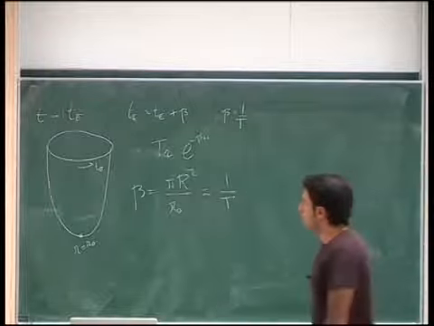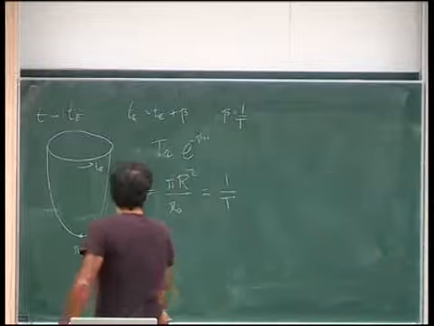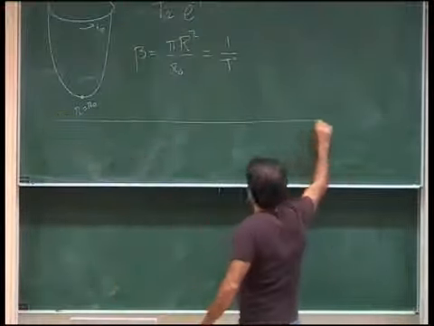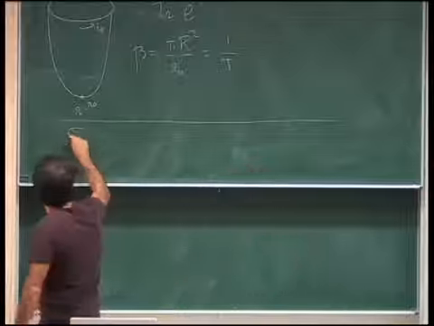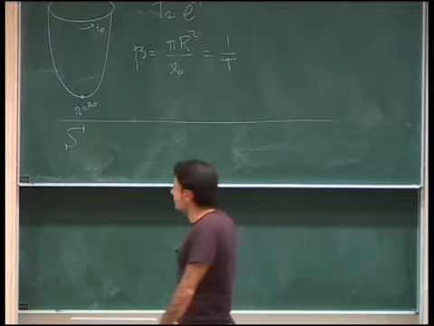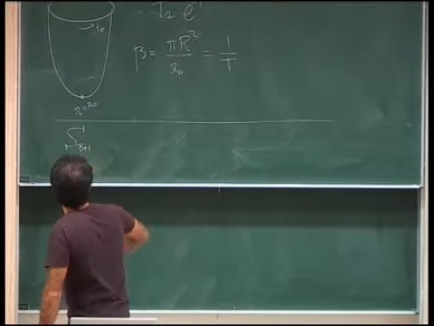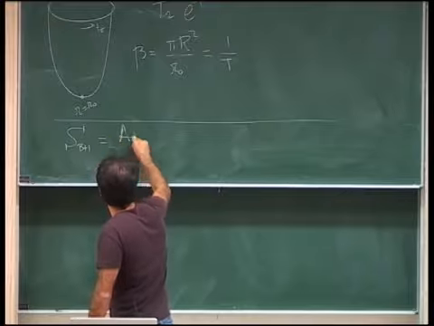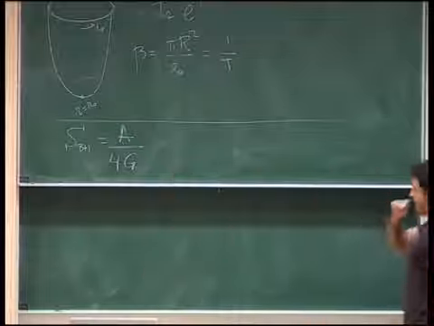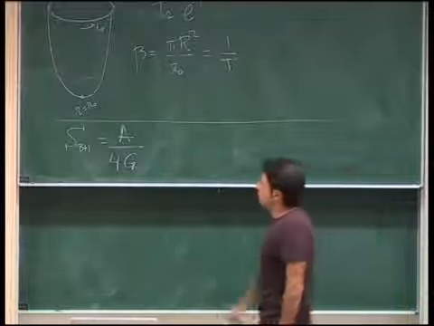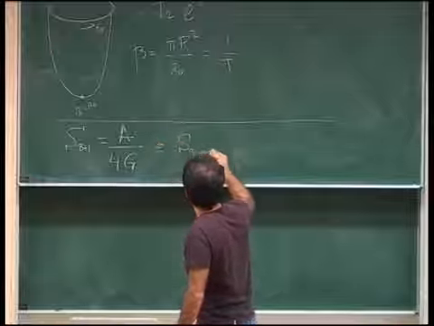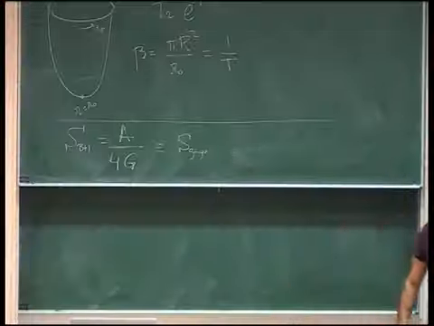And so what we are going to do is to identify the geometric entropy of this solution, the Bekenstein-Hawking entropy, which is the area divided by 4 times Newton's constant. We will interpret that as the entropy in the gauge theory, as you would expect.